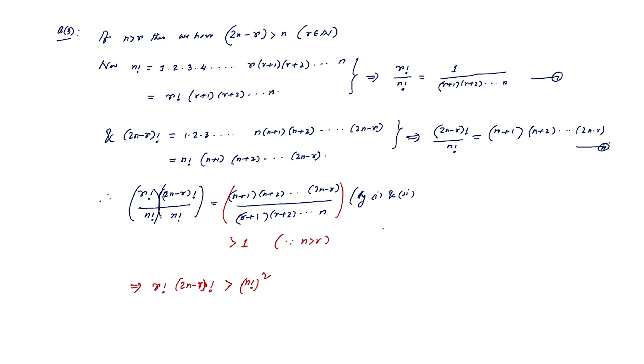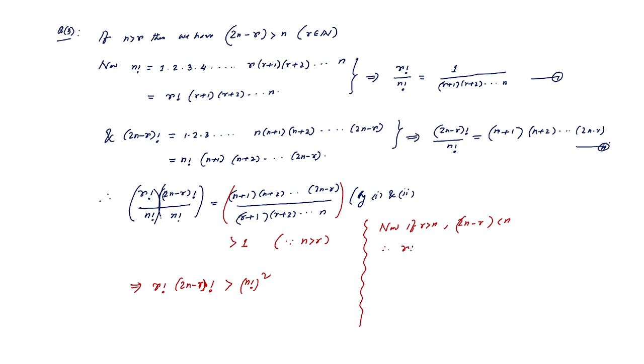Now if r is greater than n, we have shown 2n minus r is less than n.